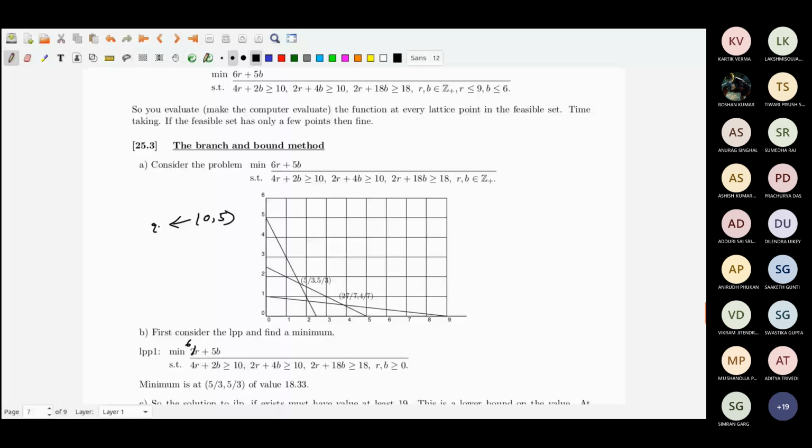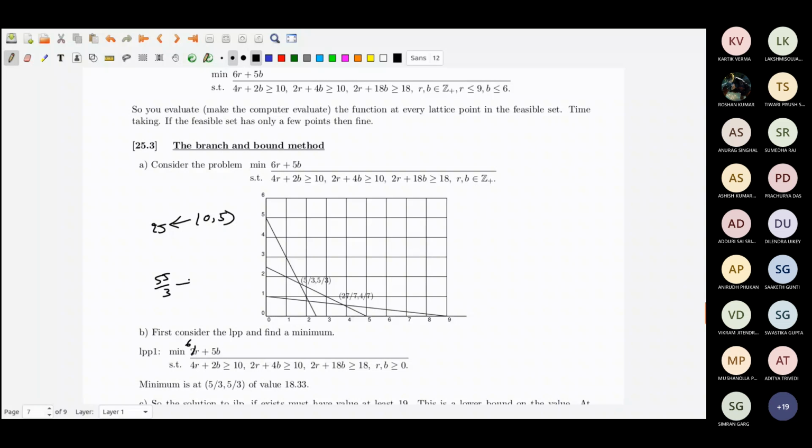At 5 by 3, 5 by 3, it is 11 into 5, 55 by 3, so this is 18.33.